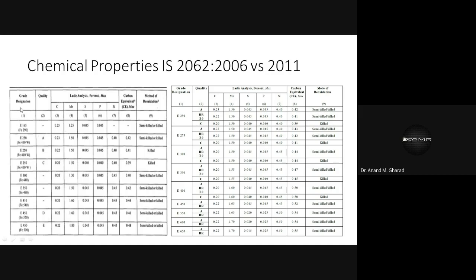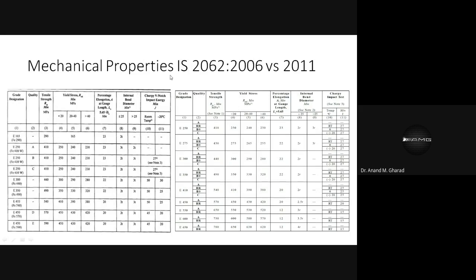I will be talking about the grade designation, and the different grades that are available and widely used for our steel structures. Okay, so these are the grade designations which are provided with some modification in 2011. These are the mechanical properties. Again, they refer to IS 2062, right? With grade designation and with some more information that I will be explaining to you.